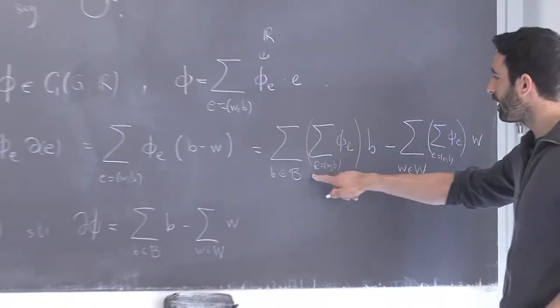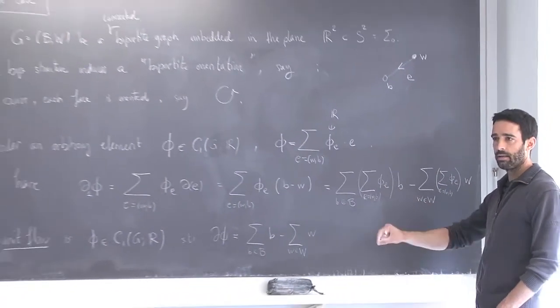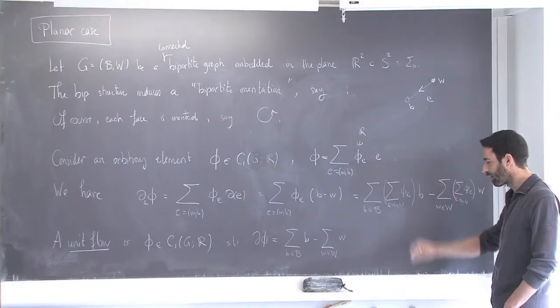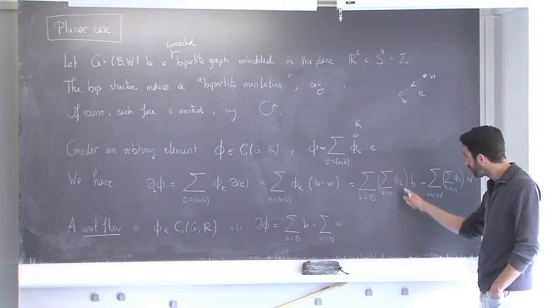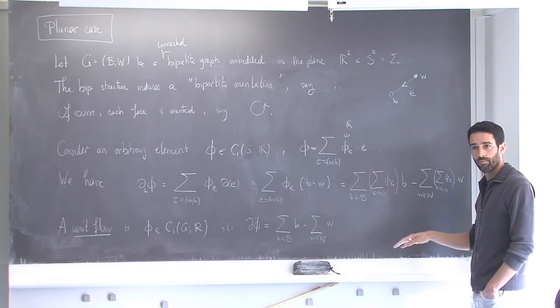So you see, it exactly means that when you look at any vertex, you sum the coefficients that are around, you always get 1. Okay?